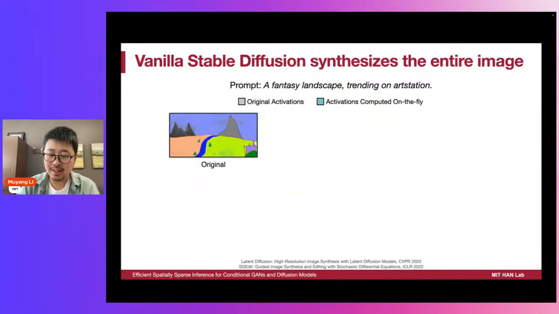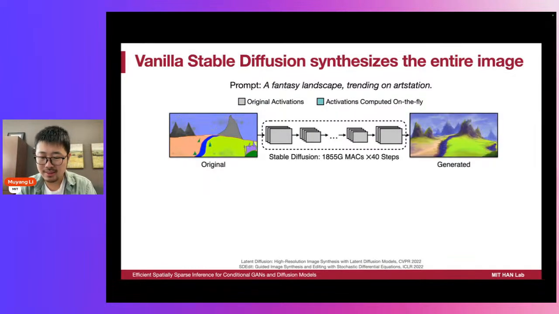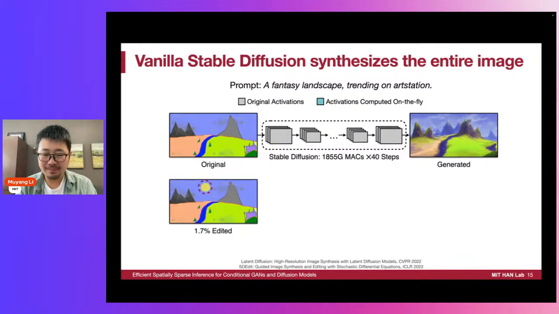For example, Stable Diffusion requires 1800 GMACs for 40 steps given a user input to generate the image. And then the user adds a moon in the sky, which only occupies about 1.7% of the pixels.